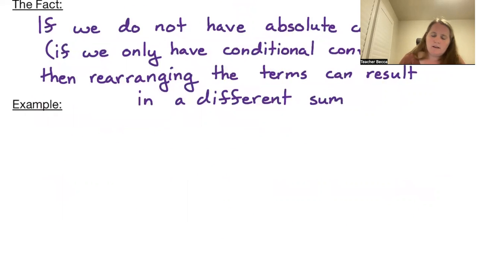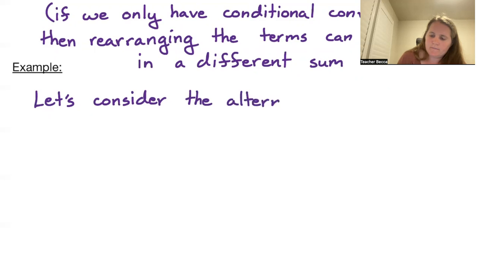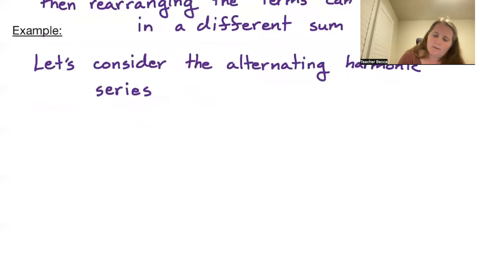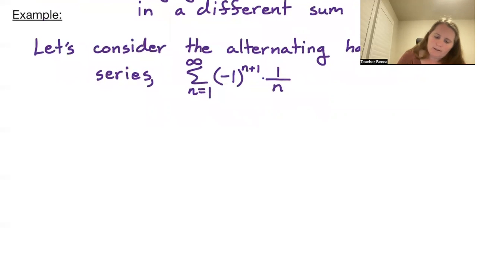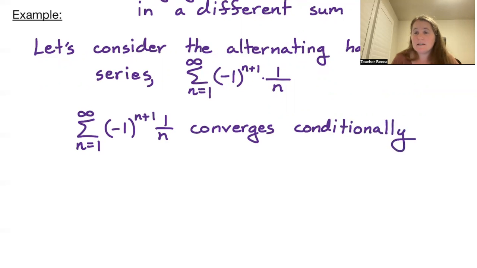So for example, let's consider the alternating harmonic series, which was the sum from n equals 1 to infinity of -1 to the n plus 1 times 1 over n. So this series converges conditionally, but it does converge.